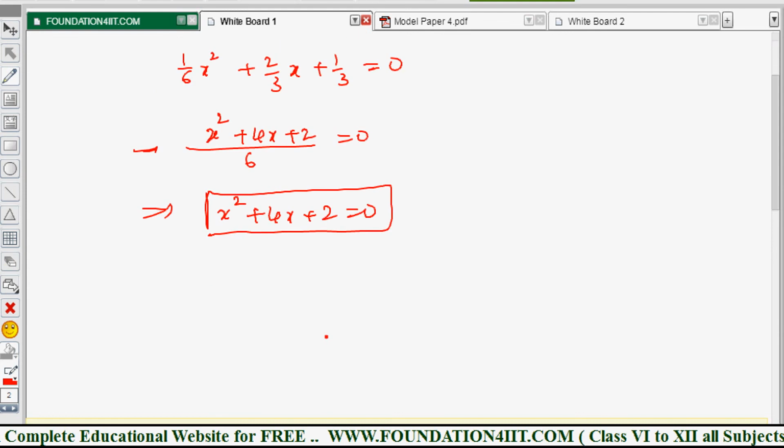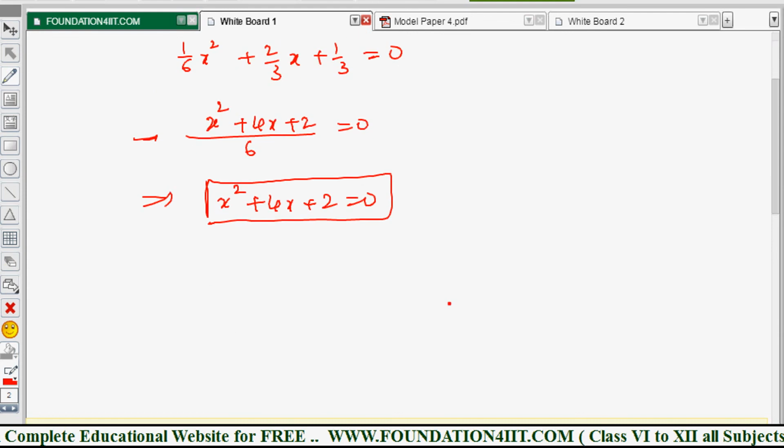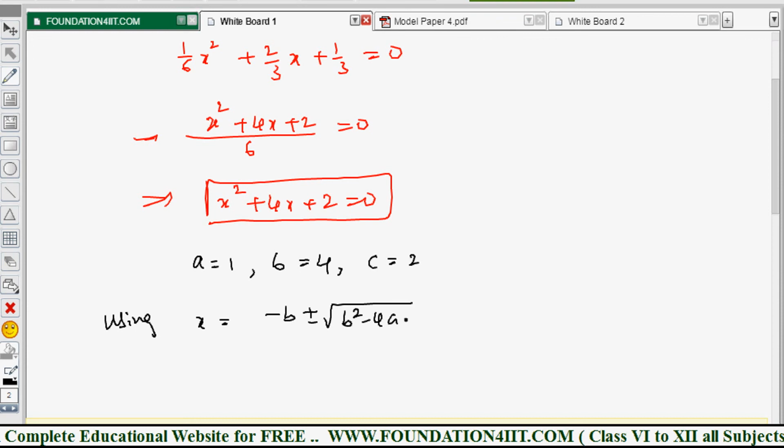From this, by using quadratic equation solving formula, we will find out the roots. So here a is x square coefficient. So a is equals to 1 and b is equals to 4, c is 2. So using formula, x is equals to minus b plus or minus square root of b square minus 4ac, whole divided by 2a.